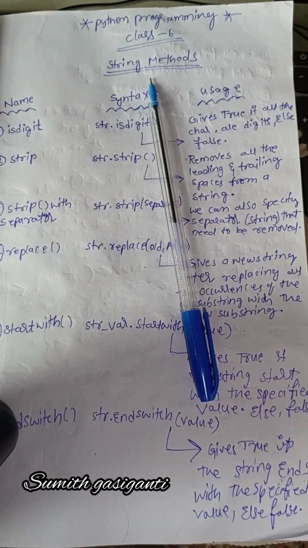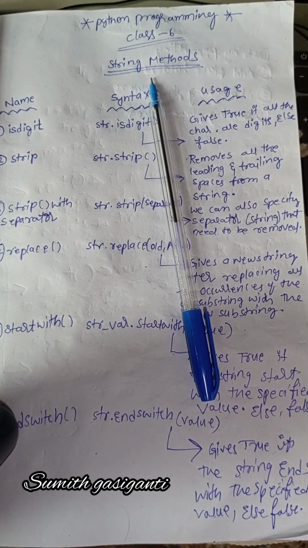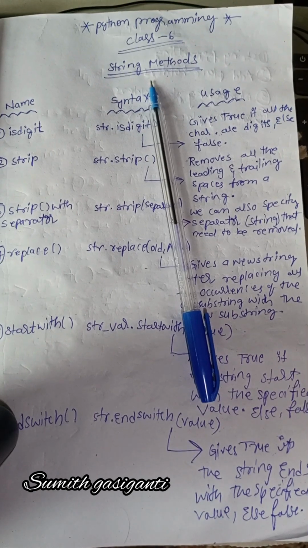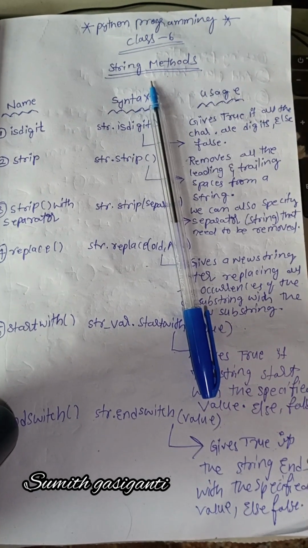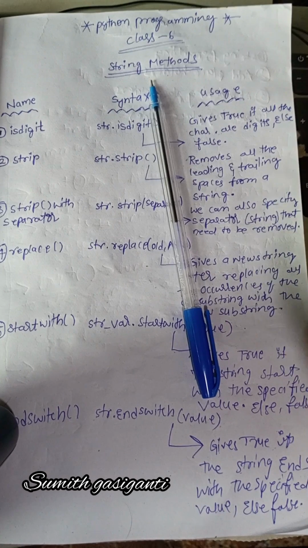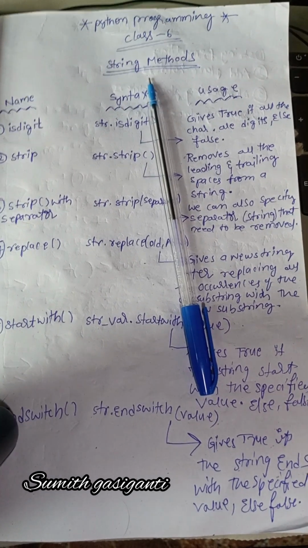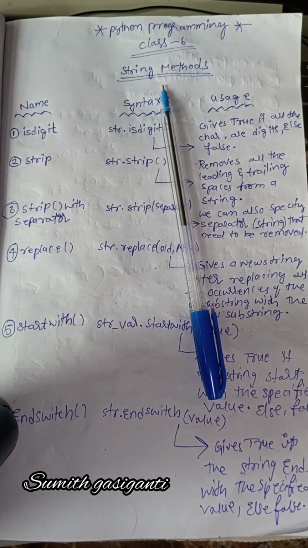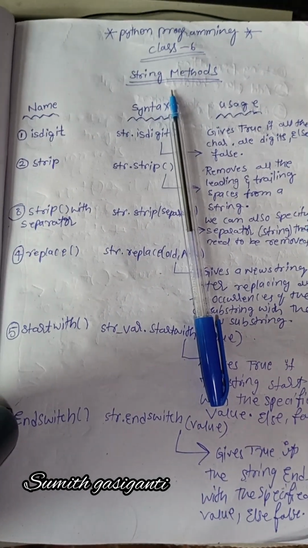Now we are discussing string methods. It's a very important topic in Python. Please follow each class and keep writing notes on it, from class 1 to class 24. In this class I'm discussing string methods.